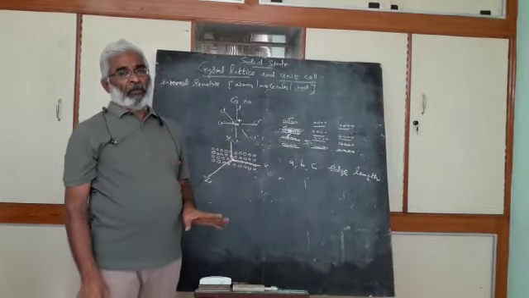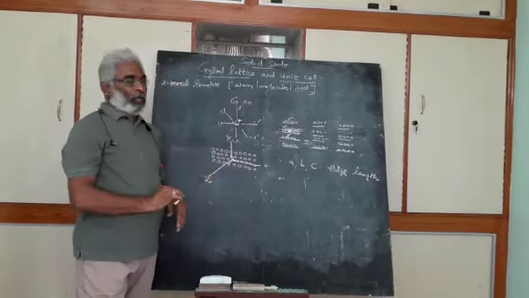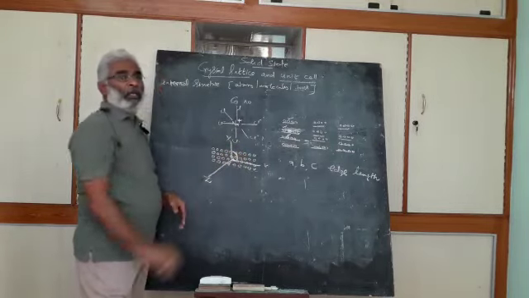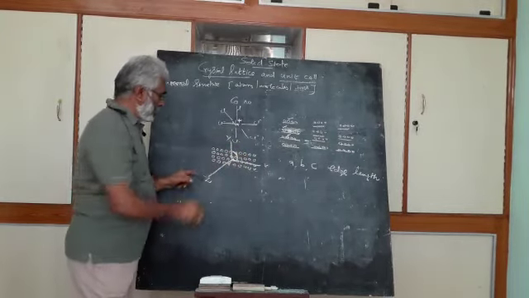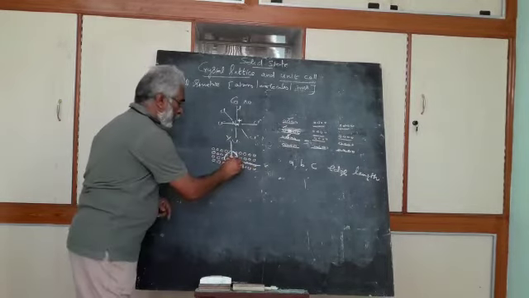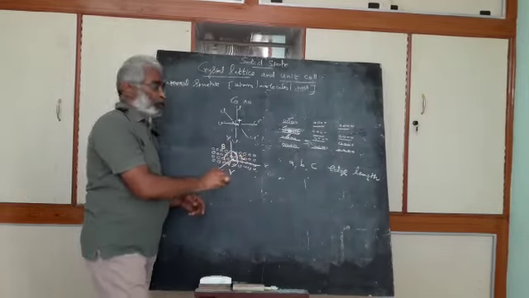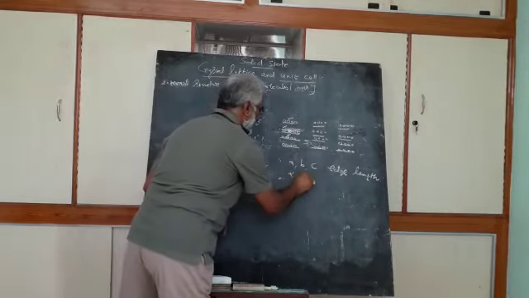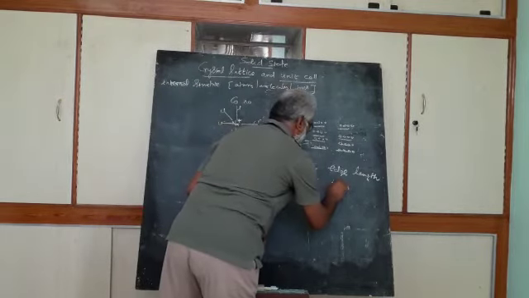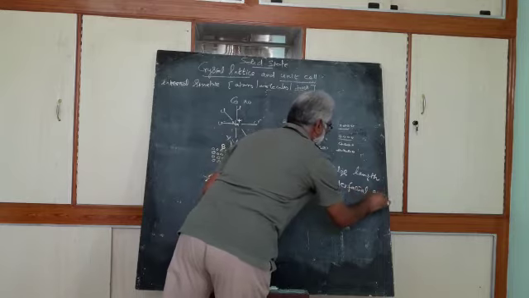The next parameter, a very important parameter, is the angle. The angle between x and y, the angle between y and z, the angle between z and x. Let them be alpha, beta, gamma. These are called the interfacial angles.